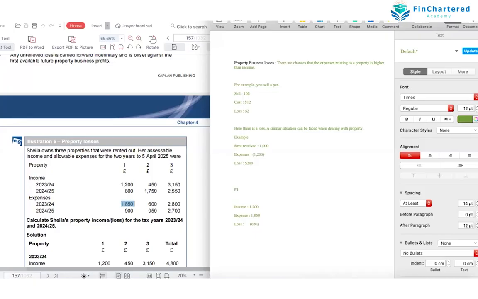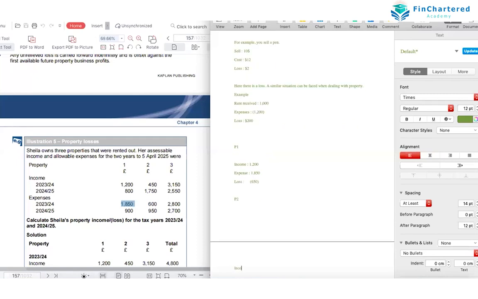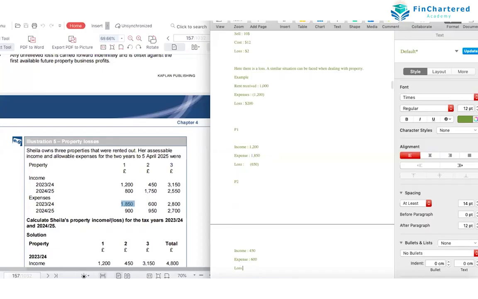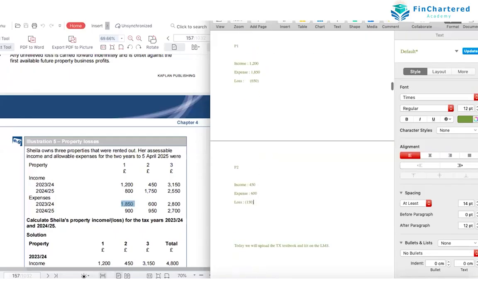Then her second property. Same way you will do. Income is 450. Expense is 600. So again, there's a loss of 150. And what about property 3, P3? Again, I'm only doing the first year. Income is 3,150.